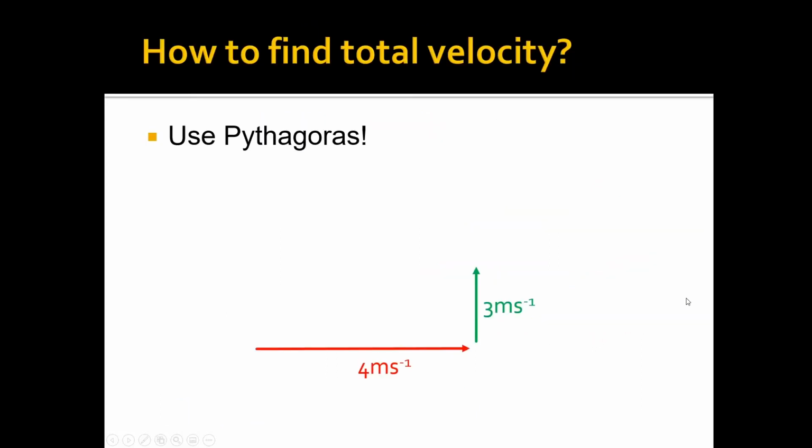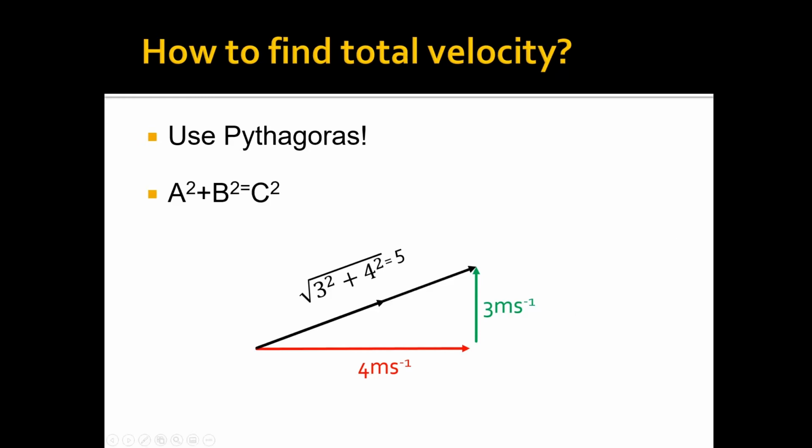So that's fine for finding the vertical and horizontal parts, but how do we find the total velocity if we end up with the vertical part and the horizontal part? How can we find the total velocity? In this case, we need to find the resultant. The resultant is simply the hypotenuse of a right triangle if you add your horizontal and your vertical components together.